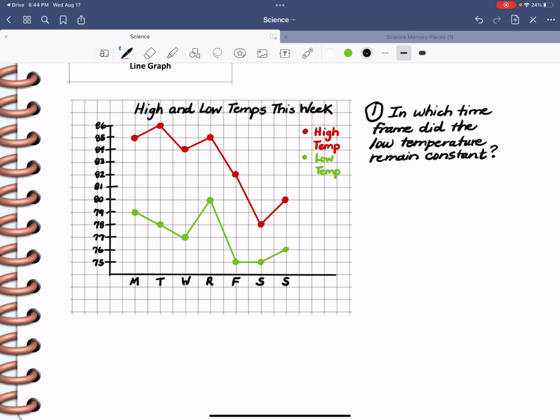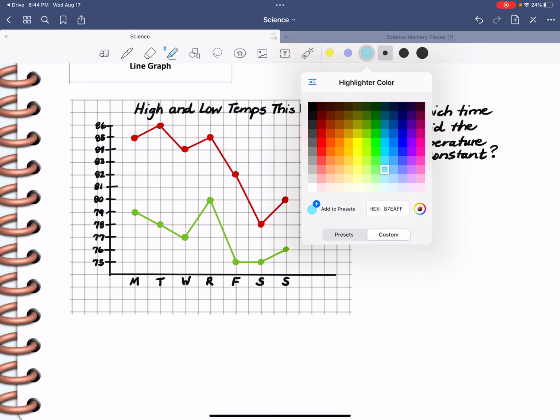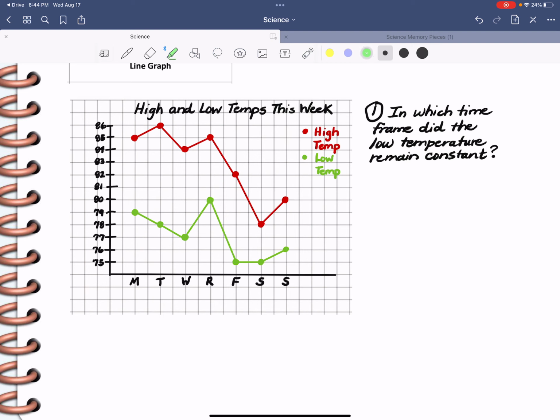Constant means not changing. And we are looking at the low. You got to be sure you know which line to look at. That's the green line. So low, the green line was constant. There was no change. And that happened right here from Friday to Saturday. It was constant from Friday to Saturday.